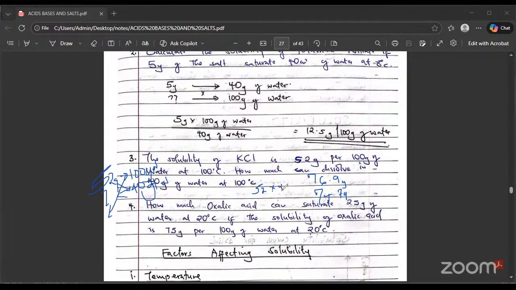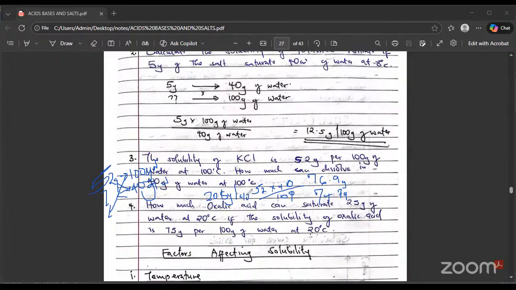So in a graph, it is very easy, over 100. So I don't know which, no, it is 52 by 4. Inakuwa 20.8 grams. 20.8 grams per 40 grams.